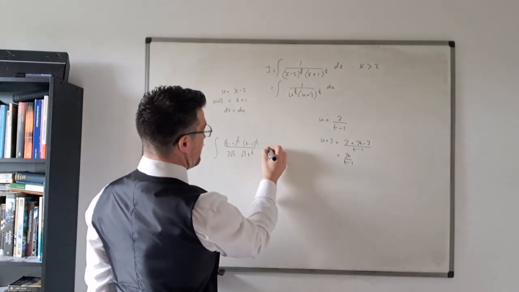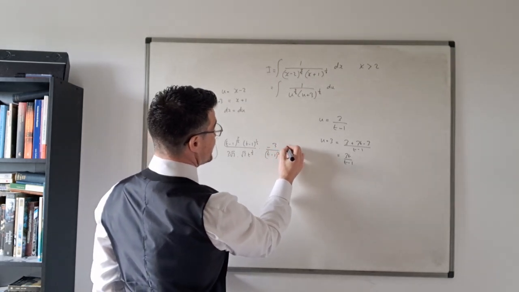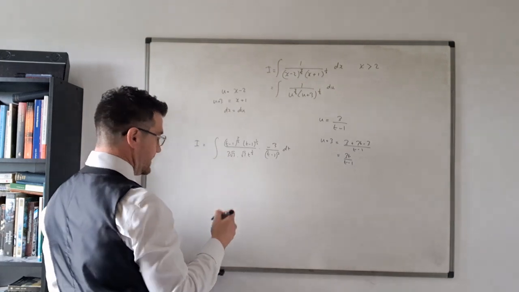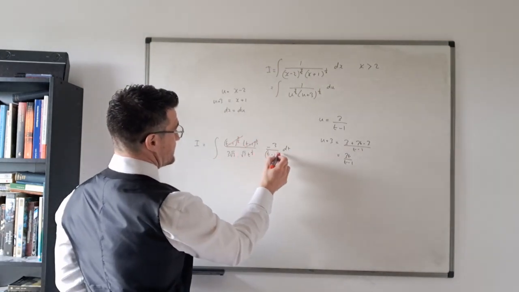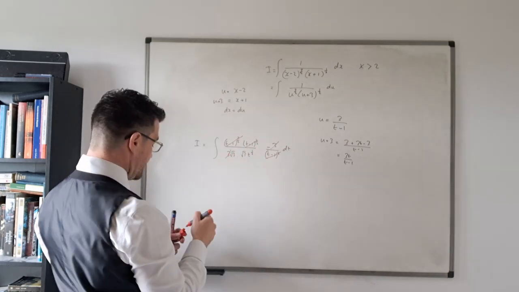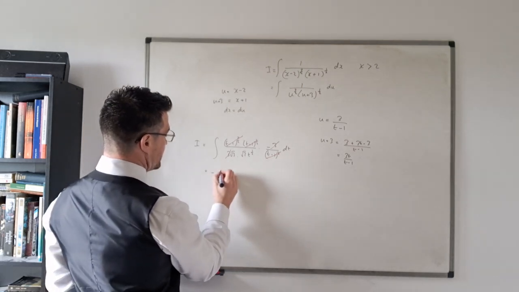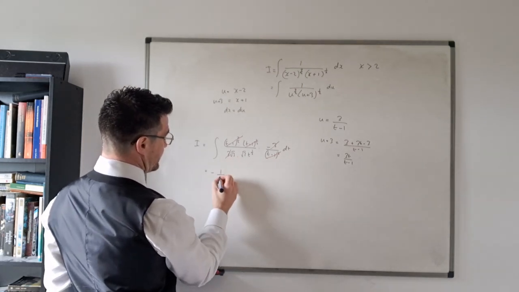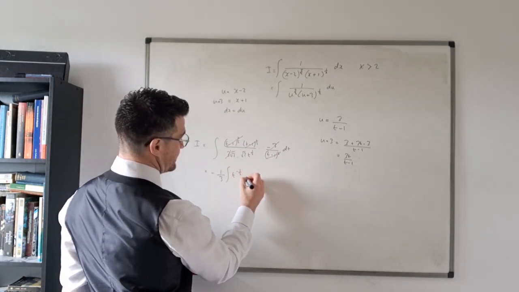Differentiate this, we're going to get minus 3 over t minus 1 squared dt. Okay, as before, we get loads of cancelling. This 3 will cancel with this 3. Don't forget about the minus sign though, we are going to need that. And we get minus 1 over square root of 3 times square root of 3 is 3. Integral, t to the power of minus a half.